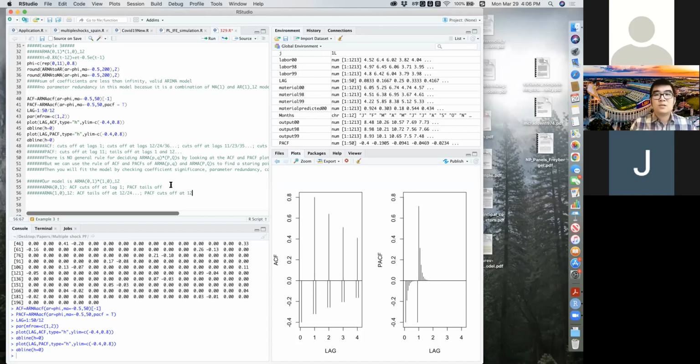So that's what we should expect if we just have a pure seasonal ARMA model.